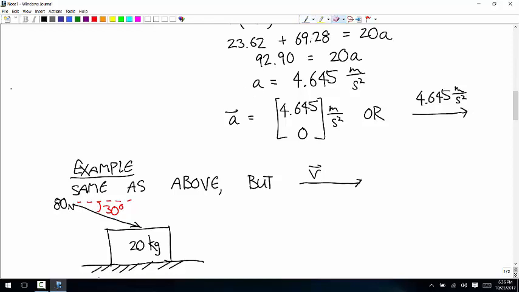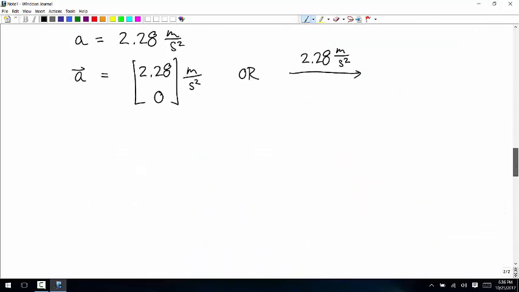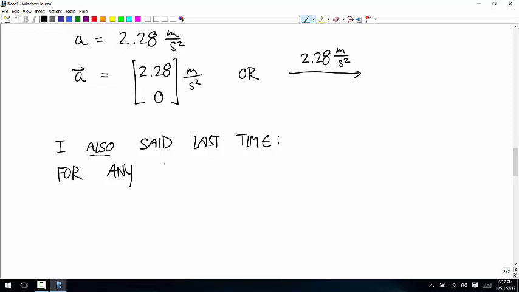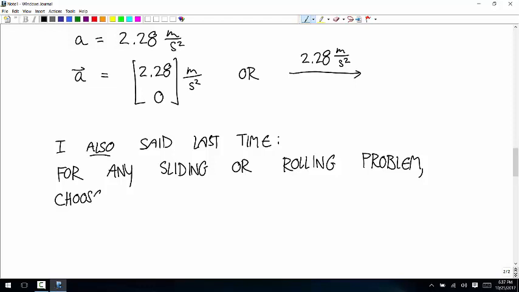Okay. So now, I also said last time, for any sliding or rolling problem, choose a y-axis directly out of the surface.